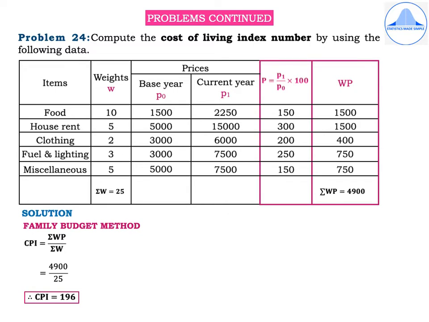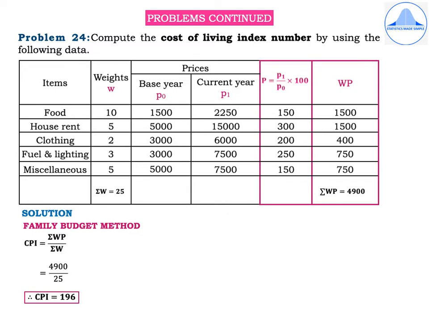Since the weights are given and the prices in the base year and current year are given, we make use of the family budget method. Under solution, we write family budget method, and the formula is CPI = ΣWP / ΣW. In the table, I have formed two columns in pink color. First is capital P = P1/P0 × 100, that is the price relative, and then WP.